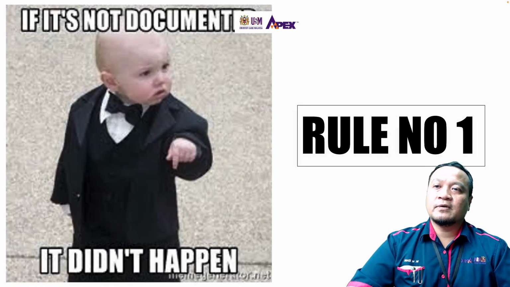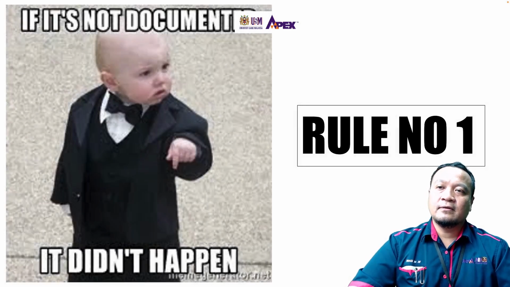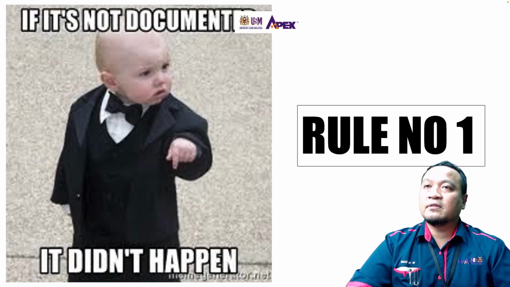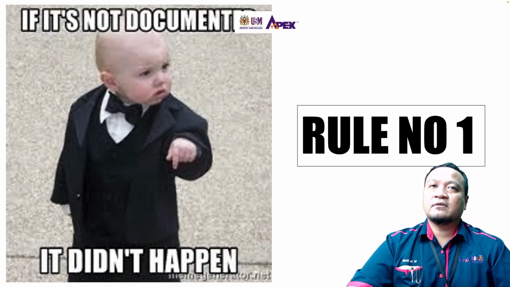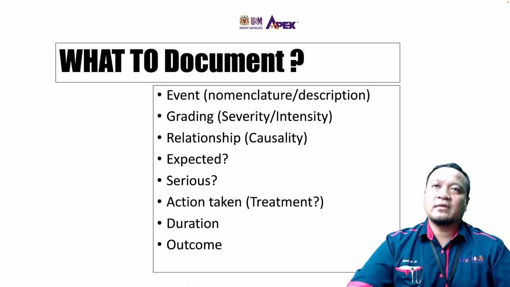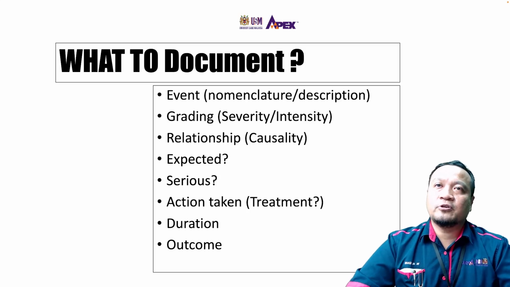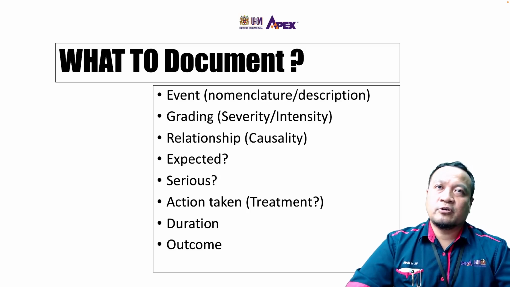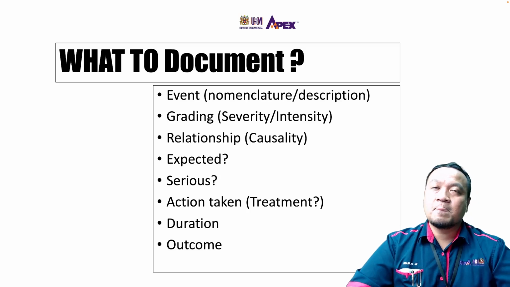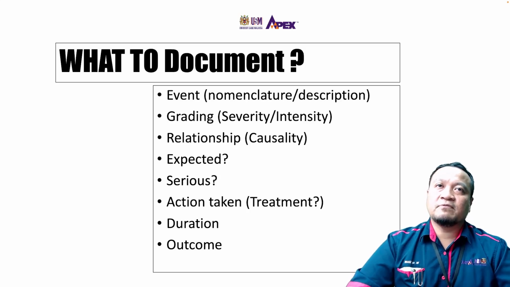So the rule number 1, when you have an event, you must document it. So if it's not documented, it did not happen. So now in this event, what to document? So we need to document the event itself. The description of the event or diagnosis.